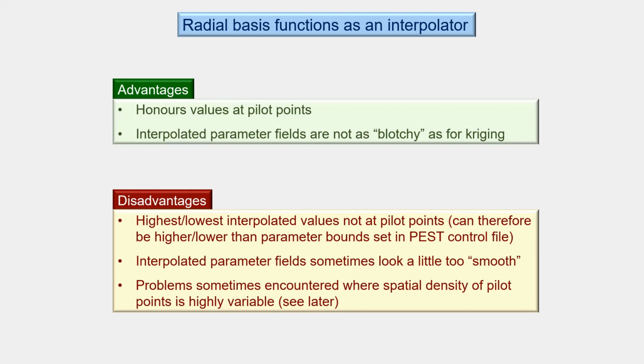However, if the highest and lowest values of the interpolated parameter field happen between the pilot points, then the bounds we apply in a PEST control file actually may be superseded by the bounds after interpolation. We will have higher or lower values in that interpolated parameter field than the bounds we apply in the PEST control file. And this may be a little bit of a pain on some occasions.